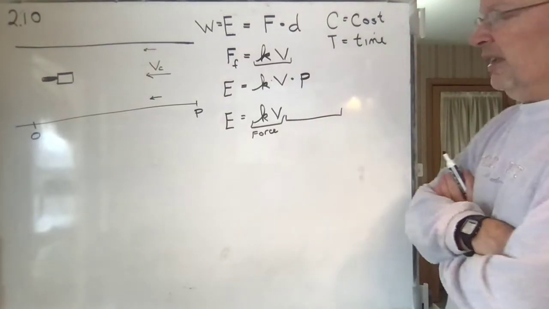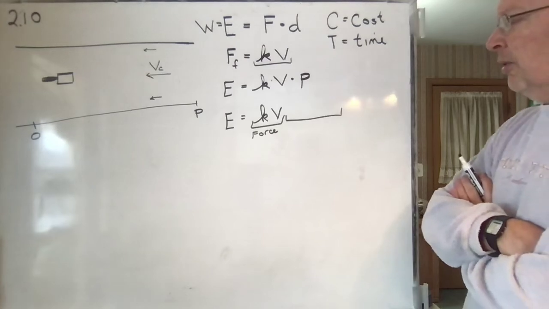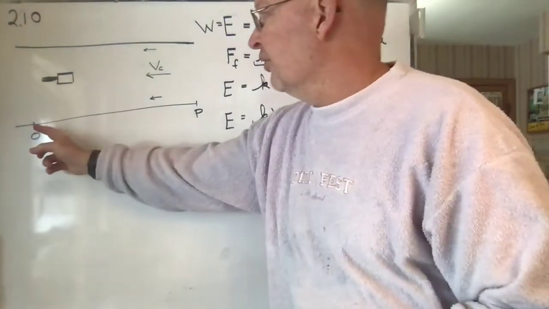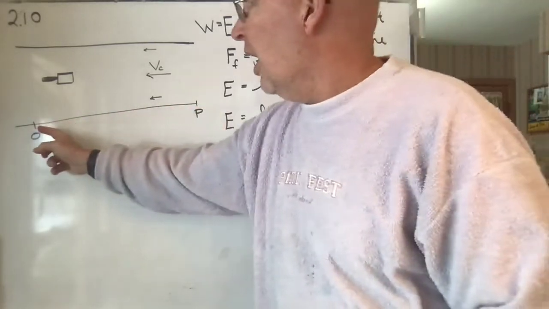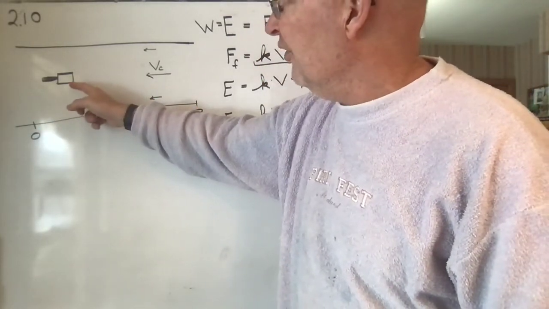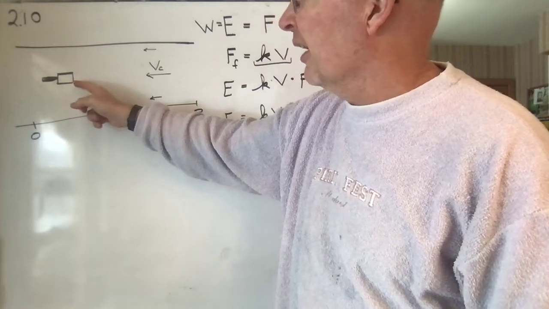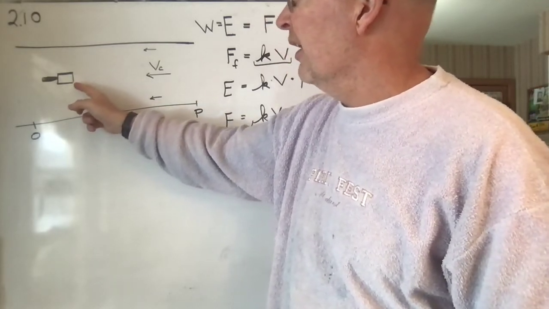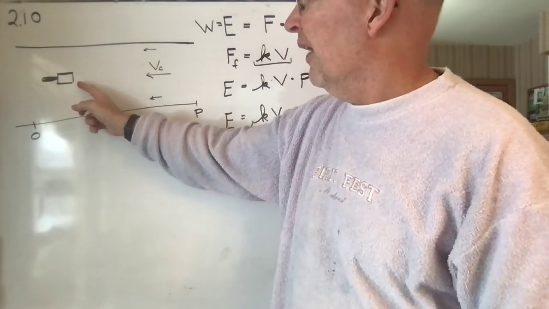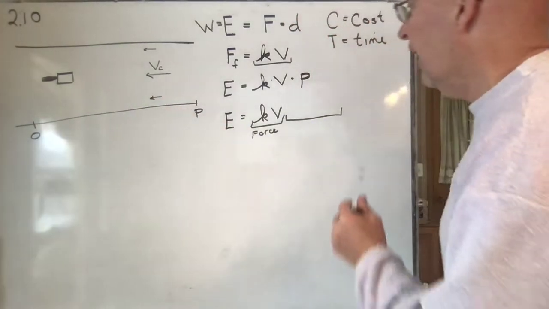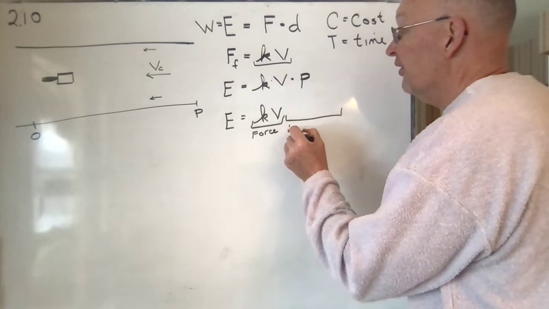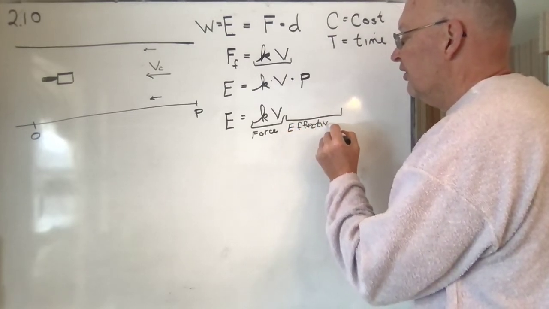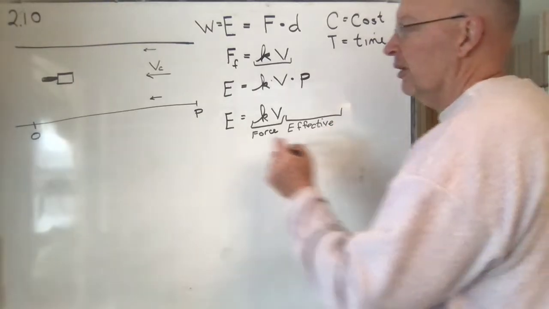But this is where things get a little more subtle, because I'm not interested in this distance. I'm interested in what's the amount of water that I'm actually pushing this thing through. What's the distance of water that I'm pushing this thing through, right? That's what I'm after. And so I call this the effective distance. Basically, what's the distance that you are really pushing it through the water?